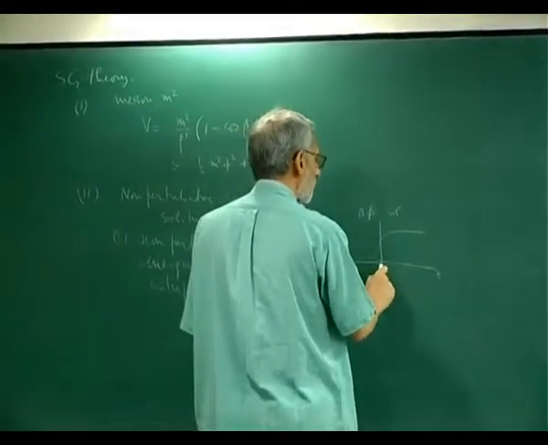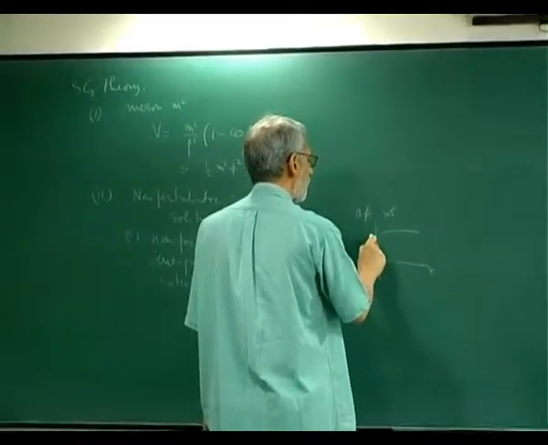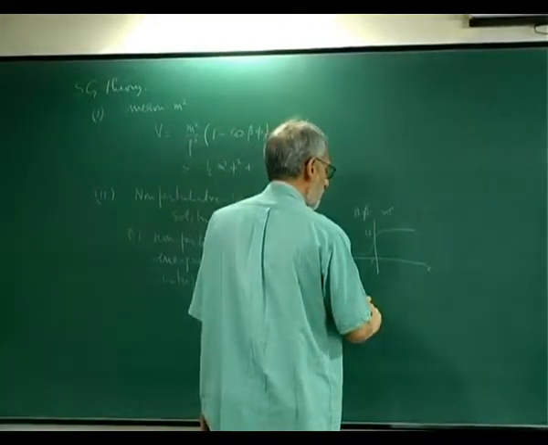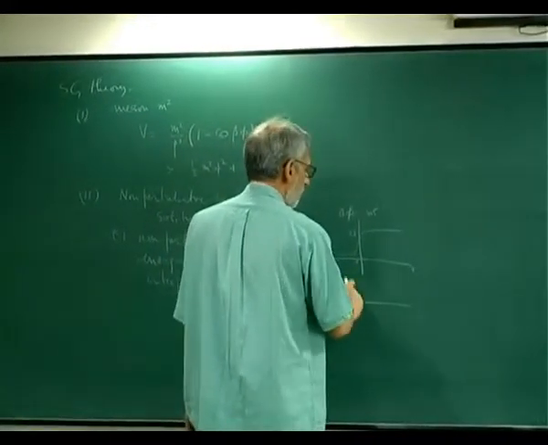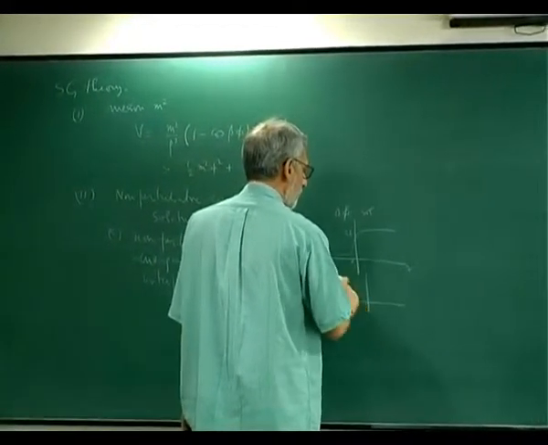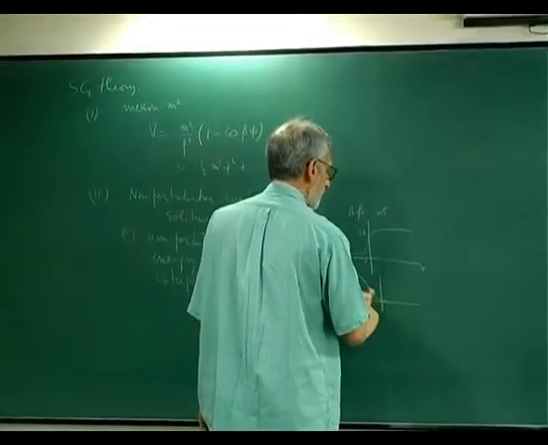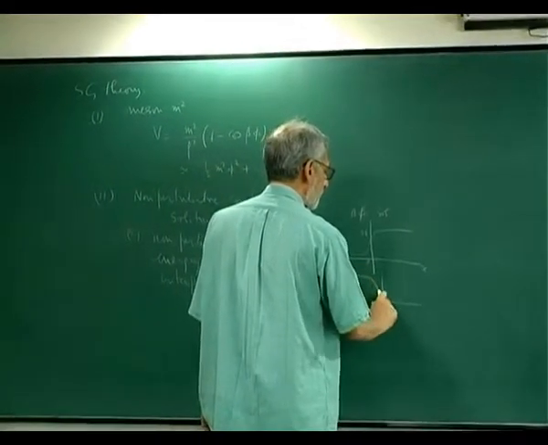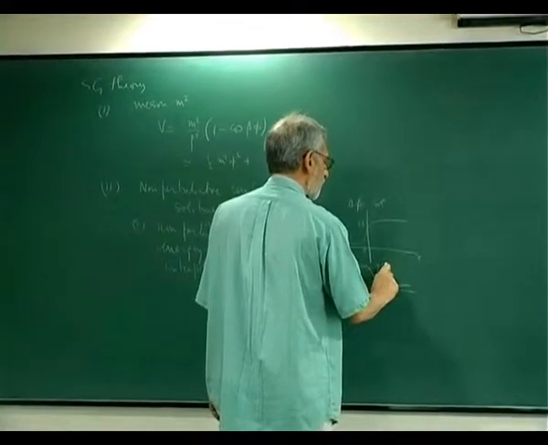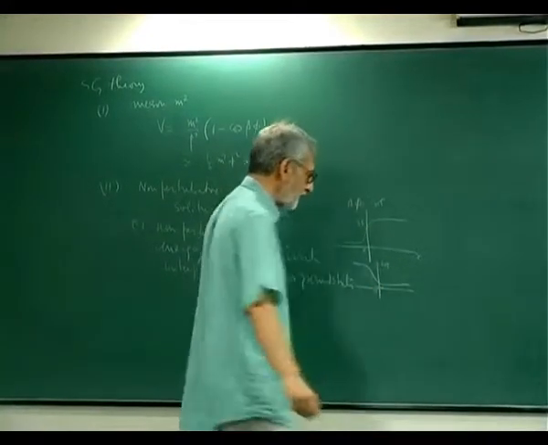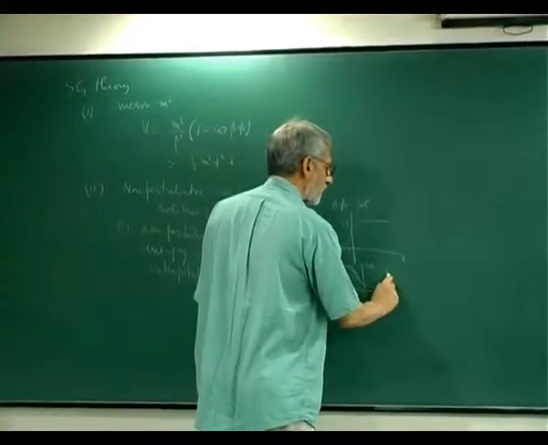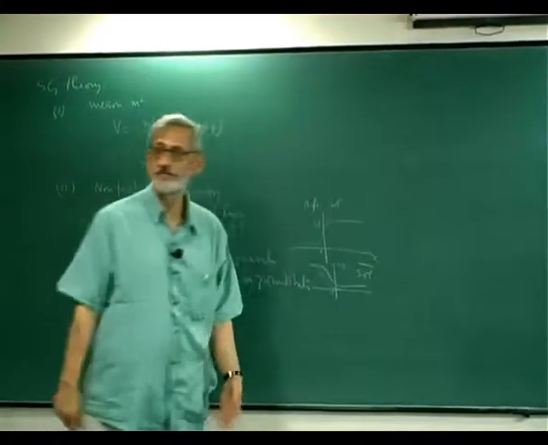Now, this is beta phi equal to 0, this is beta phi equal to 2 pi, or configurations of this kind. This is 2 pi, this is 0. Soliton and anti-soliton, soliton bar.